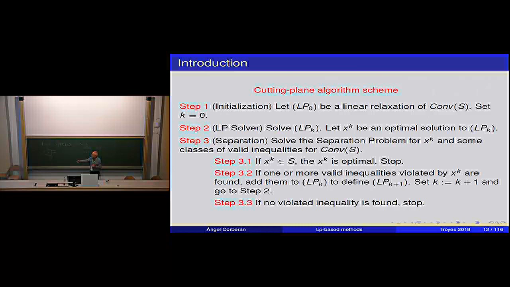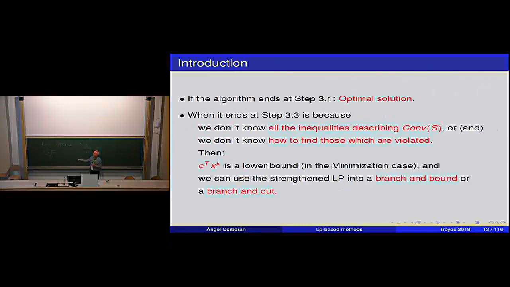And what happens if we stop here? If we stop here, it can be because all the inequalities describing our convex hull are satisfied. Or we don't know all these inequalities describing the convex hull, or we don't know how to find the violated ones.